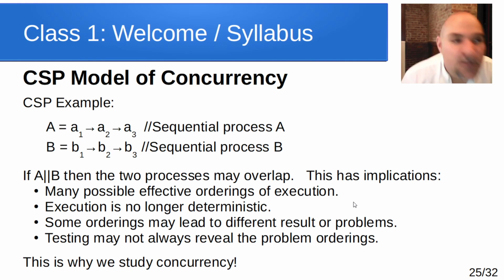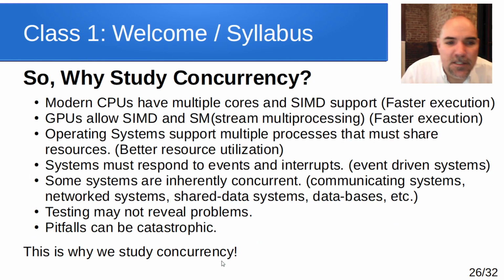That means those errors or bugs are not necessarily going to show up during testing. But if there is a possibility that you could get one of those errors, it could come up and you could have a catastrophic result. So that's why we study concurrency.